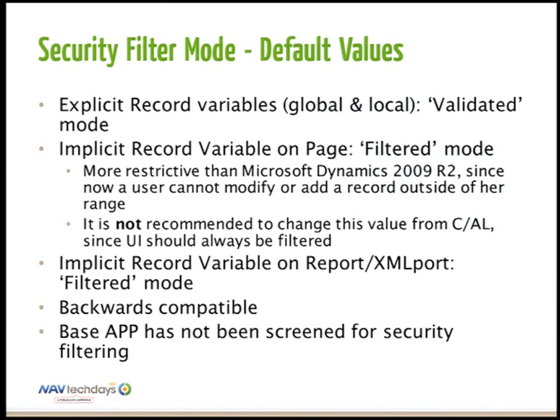It, in effect, changed from validated to filtered mode. That call is still there, but we encourage you not to use it. If you need to do something, then change the property. What it does is exactly the same as before. It actually changes the property on the record from validated to filtered. But if you need to do something in code, use the property instead.